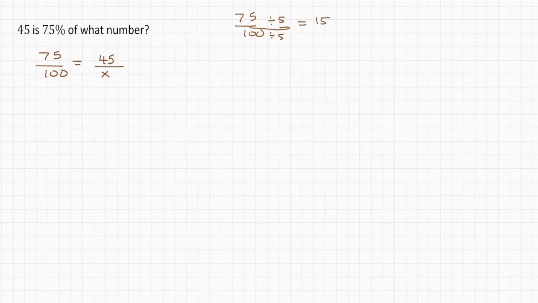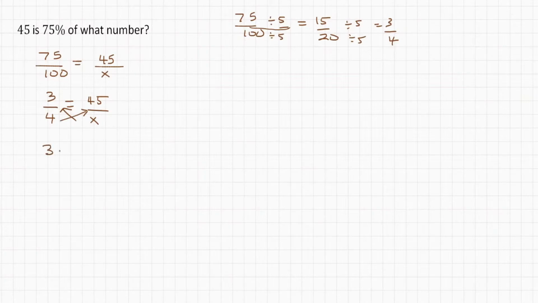We have 15 over 20. We divide again by 5. We have 3 over 4. So now we have 3 over 4 is equal to 45 over x. So we're going to apply our same cross product approach.